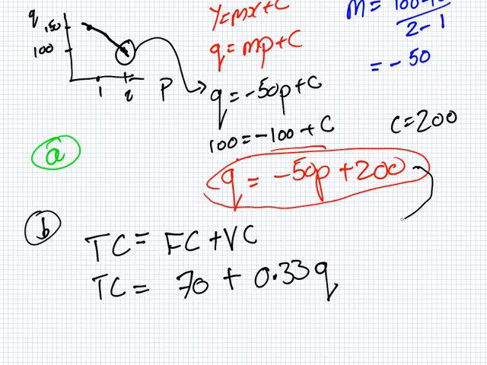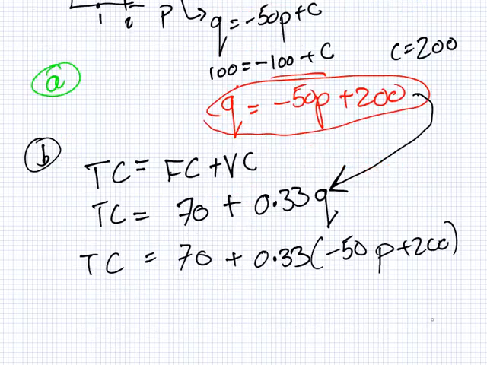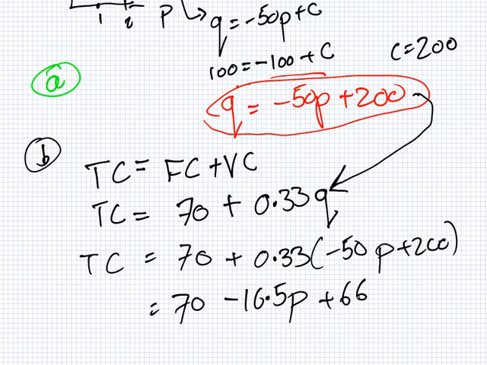So if I just put this in here for P, I get total cost is 70 plus 0.33 times minus 50p plus 200. So I get 70 minus 16.5p plus 66. Is that right? Yeah.